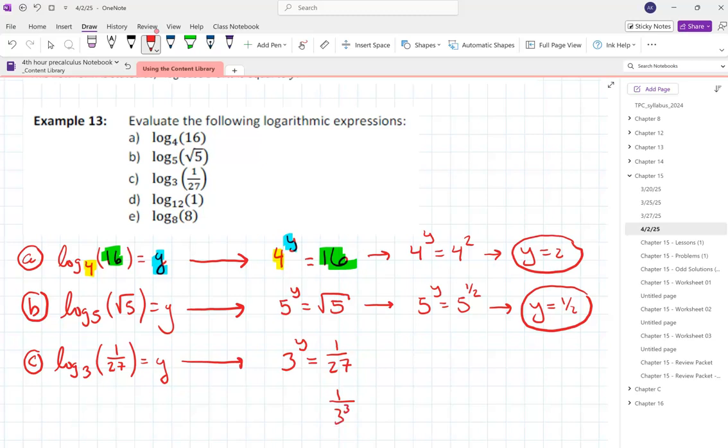So 1 over 27 is 1 over 3 to the 3rd. And if I have a fraction, that's the same thing as a negative exponent. Now that the exponent bases are the same, the exponents can just be the same. Is everybody okay with what I did there?